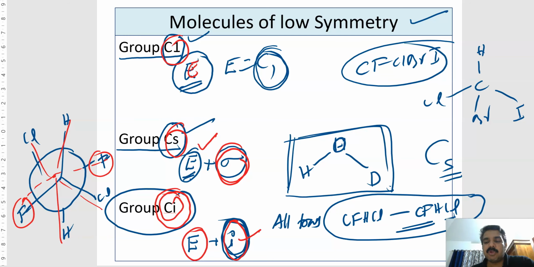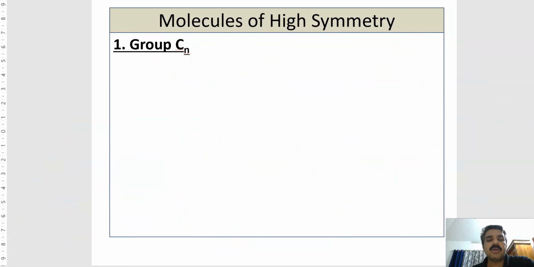Okay. Next, moving to the molecules of high symmetry. In this category, the first group is Cn. Cn means it contains only the Cn rotation axis. Okay, so we know that with a Cn axis there are n symmetry elements along with the Cn.